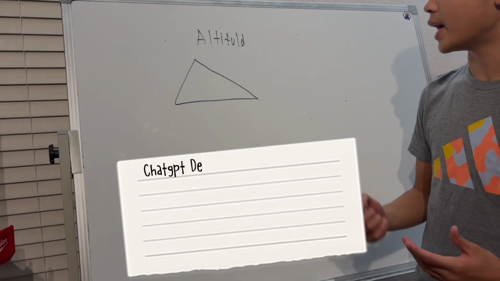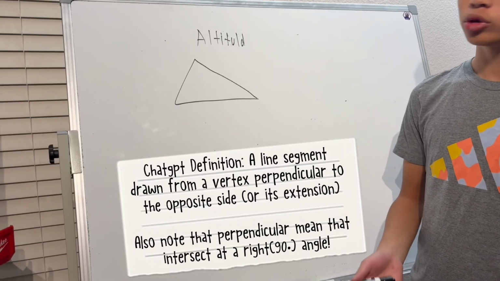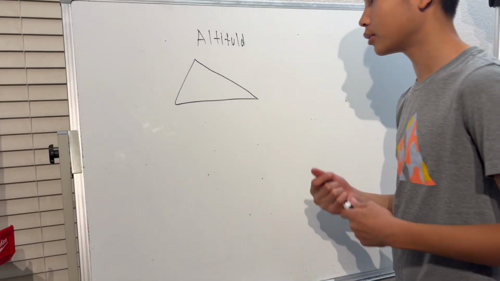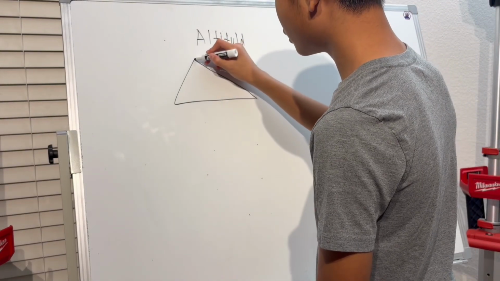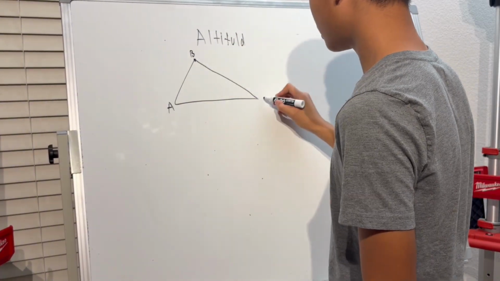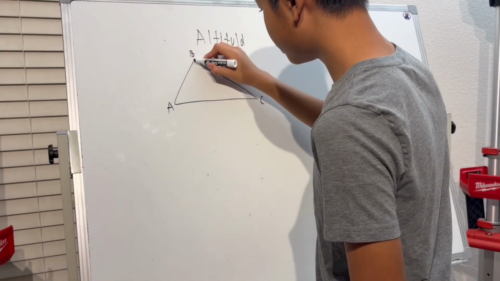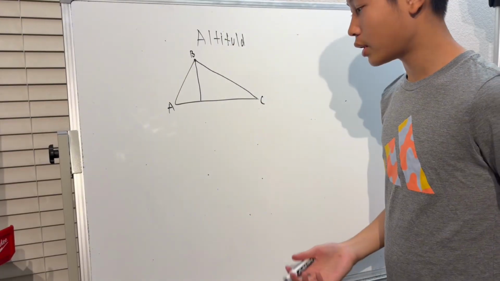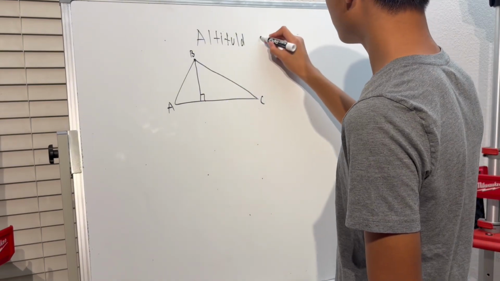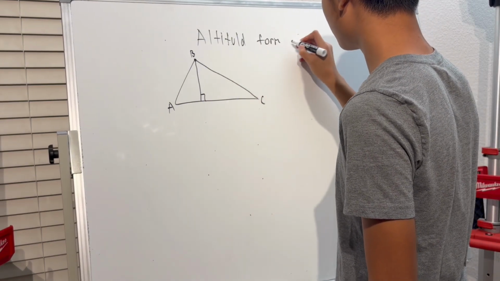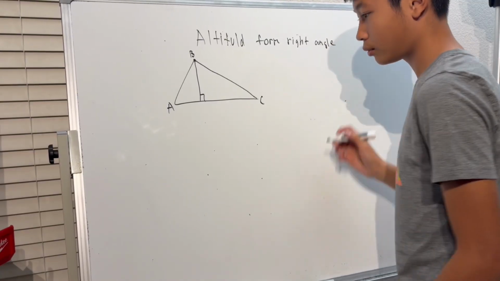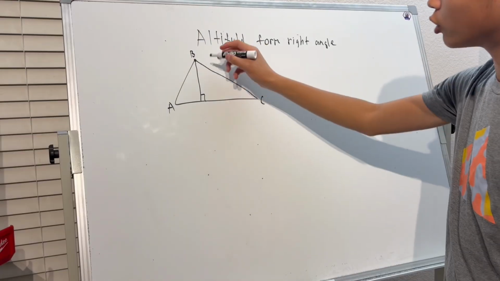Okay, now we're going to talk about the altitude. What is the altitude? The altitude is very simple. Let's start from the vertex, right here. It's kind of like a height, but it's not the height. So you draw down. The altitude forms a right angle. So that's the altitude right there.